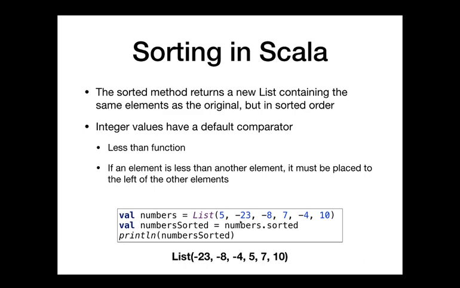Well, is 5 less than 23? No. Therefore, 5 does not come before 23. And I can check the other way around. Is negative 23 less than 5? Yes. So negative 23 must come before 5 in this ordering. If both of those return false, I know I have an equality, and the order of those two doesn't matter.